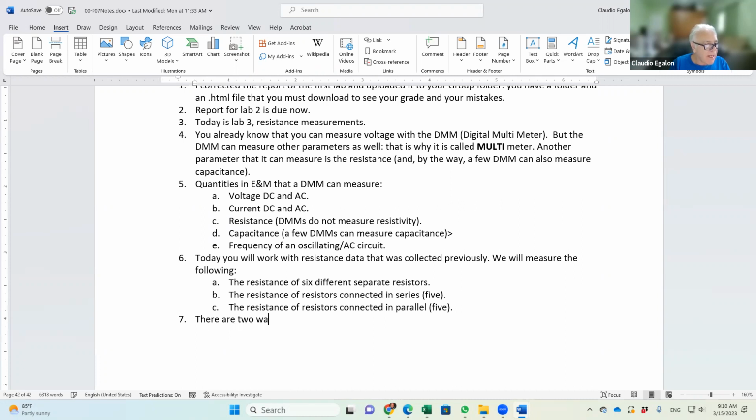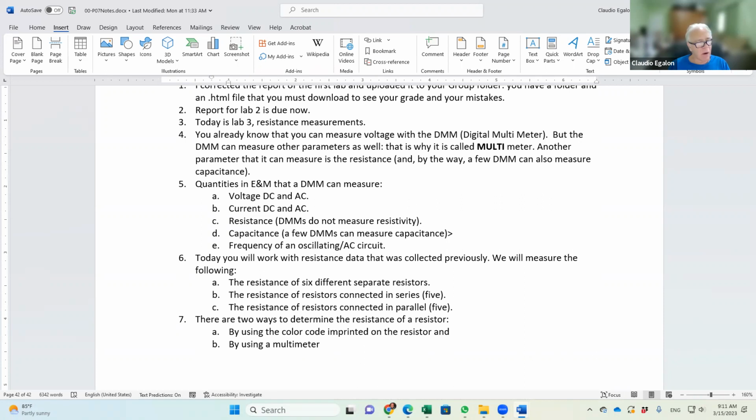There are 2 ways to determine the resistance of a resistor. One, by using the color code imprinted on the surface of the resistor. And 2, by using a multimeter.